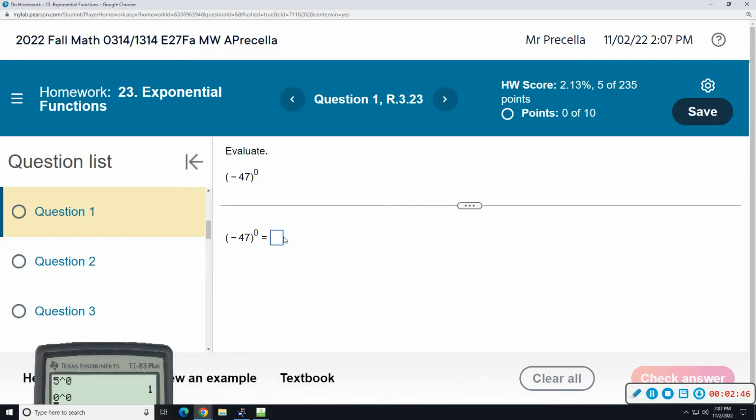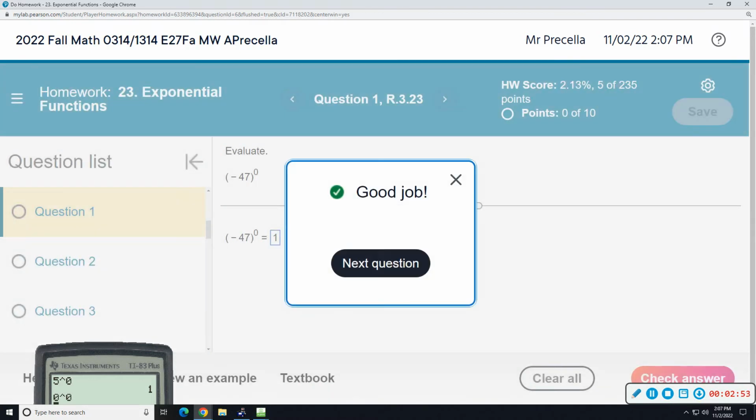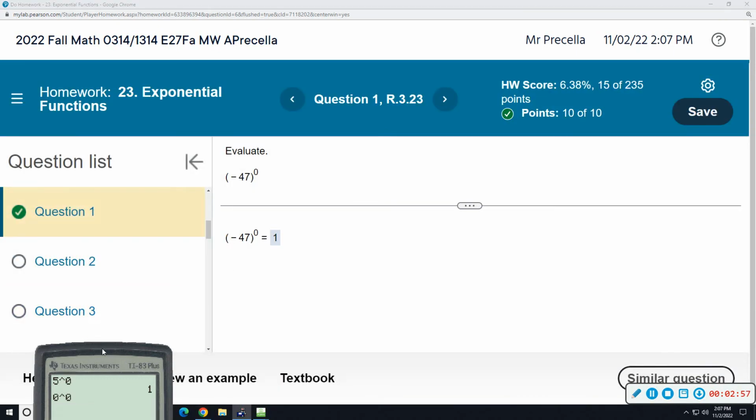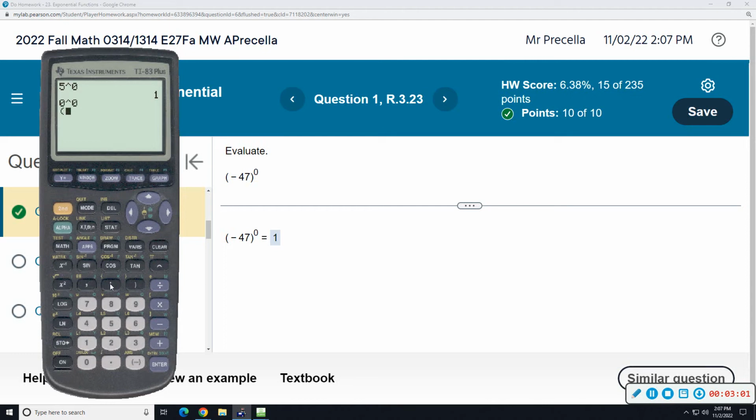So -47 to the 0 power is 1. If you wanted to punch that into your calculator, make sure you put those parentheses: -47, close parentheses, raised to the 0 power is 1. Okay?